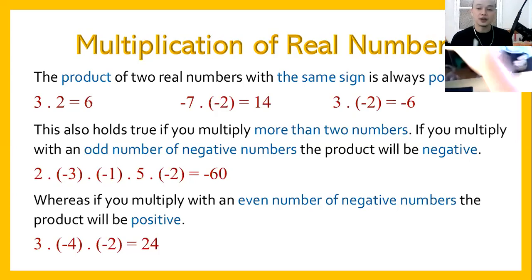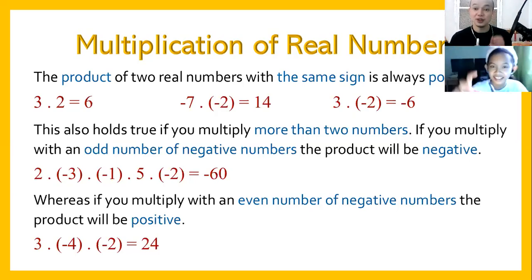If the negative numbers are of even count, positive. And if the negative numbers are odd, it means one, three, five, seven negative numbers, it will yield a negative result. Okay, Crystal, is it clear?